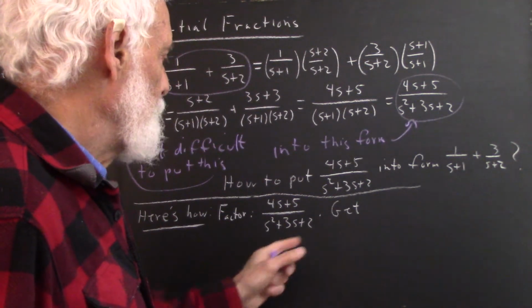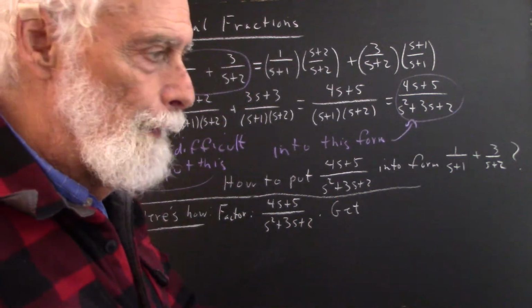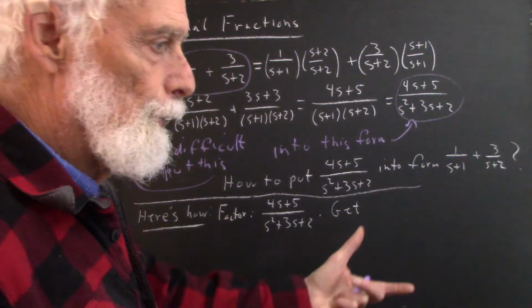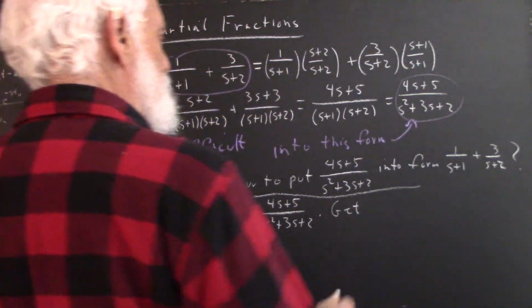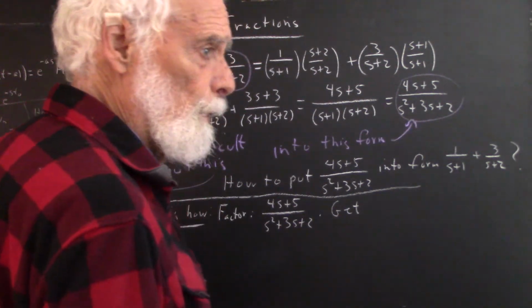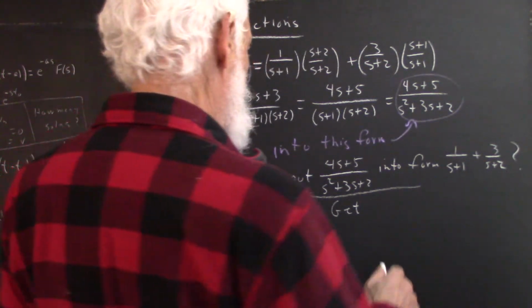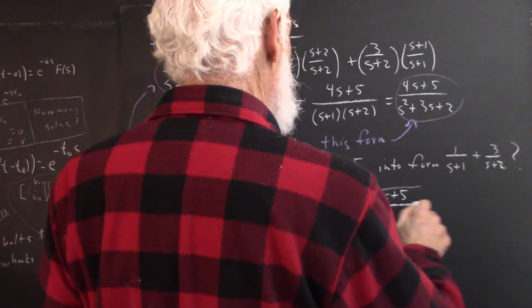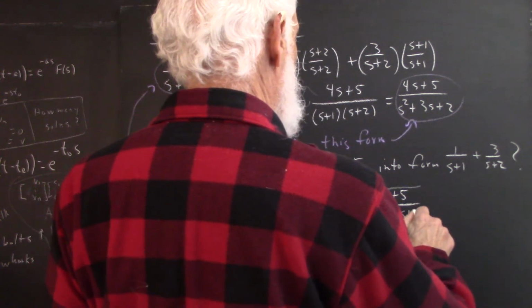We can factor it, and if we can't find rational factors, we can set this equal to 0 and use the quadratic formula and find the factors. Probably not going to make you do that. Actually, maybe I will, because you're going to have a take-home final. Probably not. Okay, you get 4s plus 5 over s plus 1 times s plus 2.